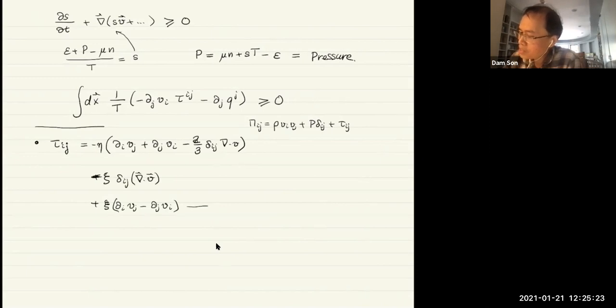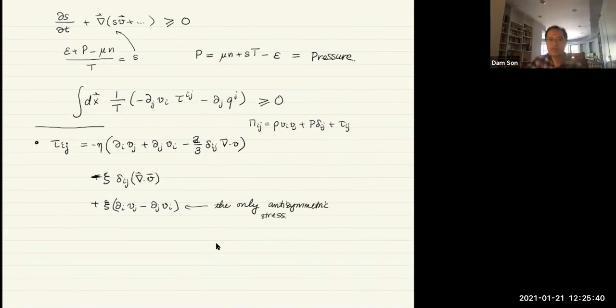This term would be the only anti-symmetric component of the contribution to the stress tensor. So let me show you that this is not allowed. One can show that this is not allowed.